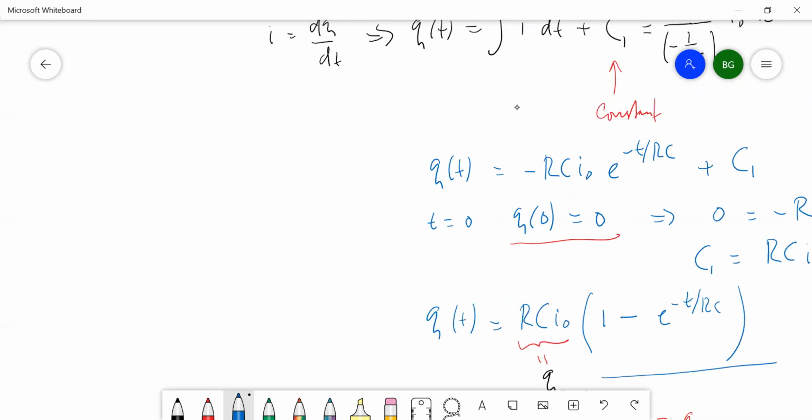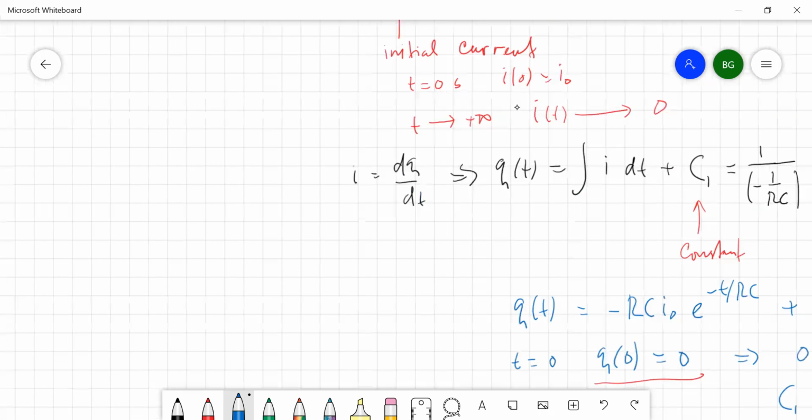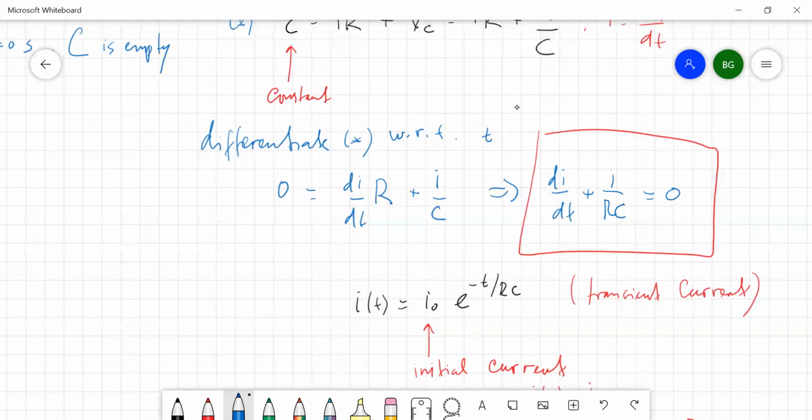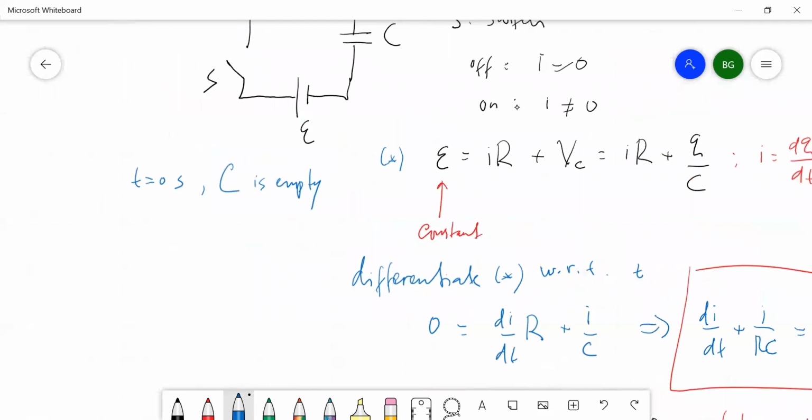This case we call charging the capacitor.